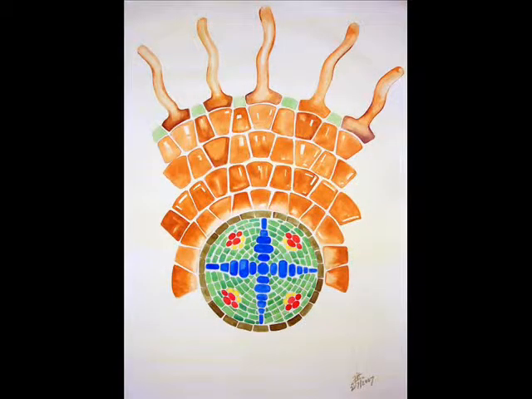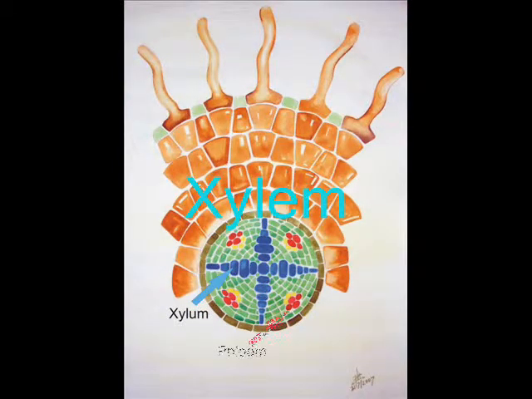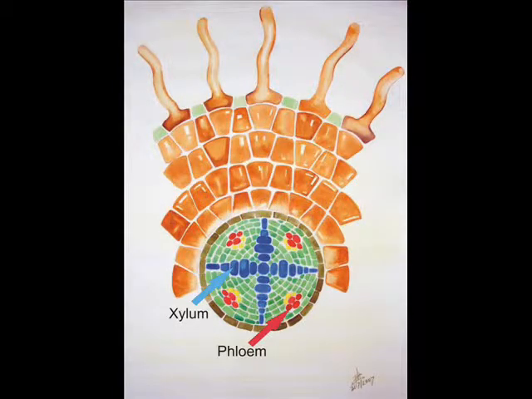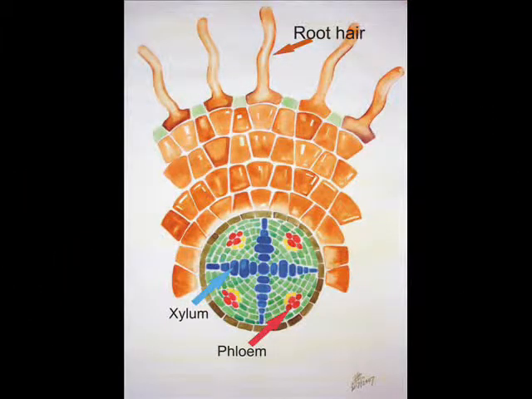A cross section of the root shows the xylem and phloem vessels in a dicot. The xylem vessels are towards the inside, closer to the pith, and phloem is towards the outside.